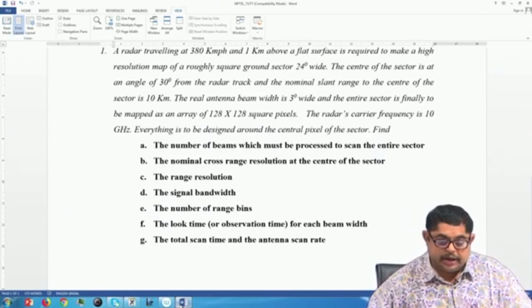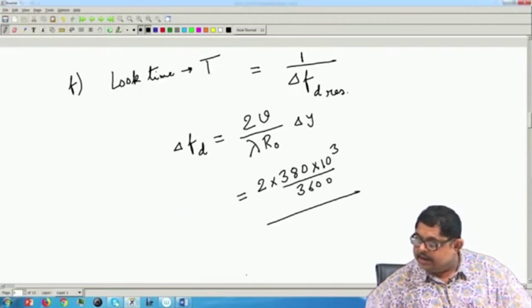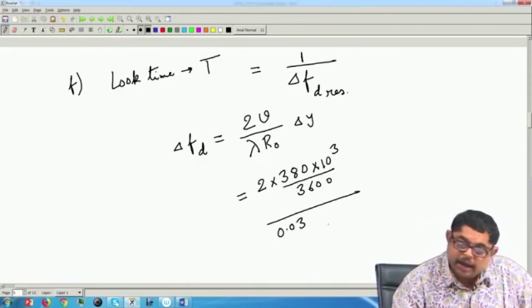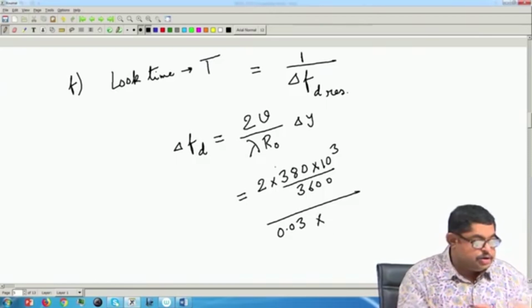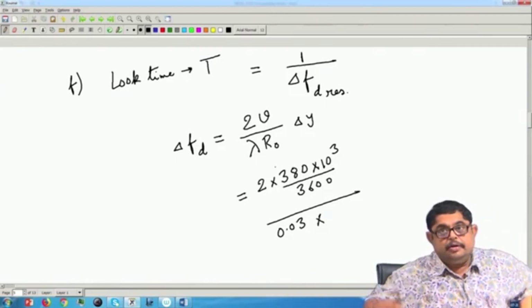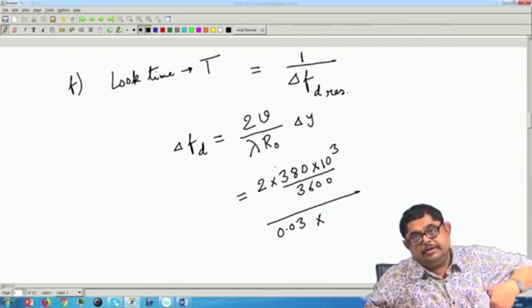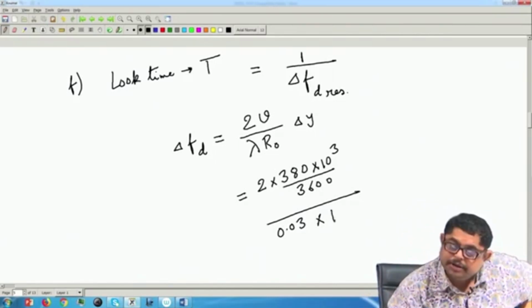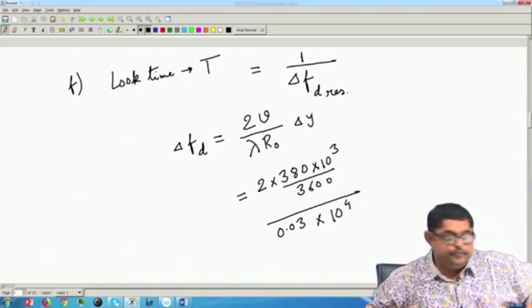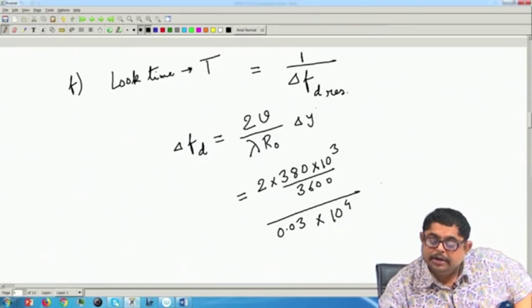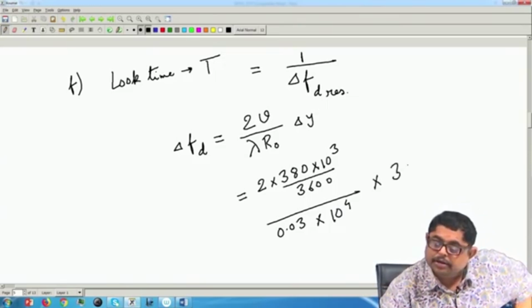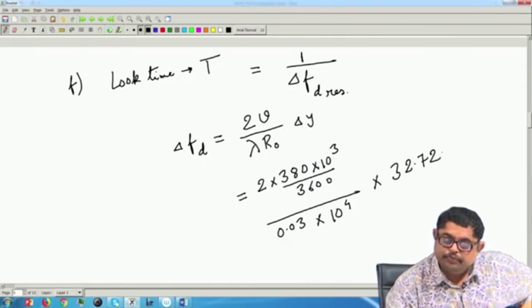Carrier frequency is 10 gigahertz, which gives 3 centimeter, that means 0.03 meter. And r naught is the distance of the ground sector, that is 10 kilometer, so 10 to the power 4. And delta y, the cross range resolution we already calculated, 32.72.